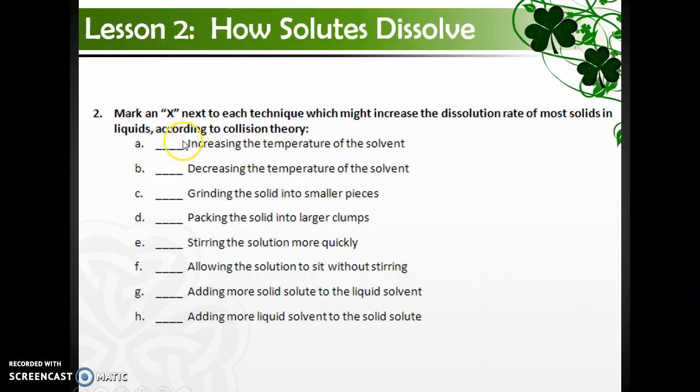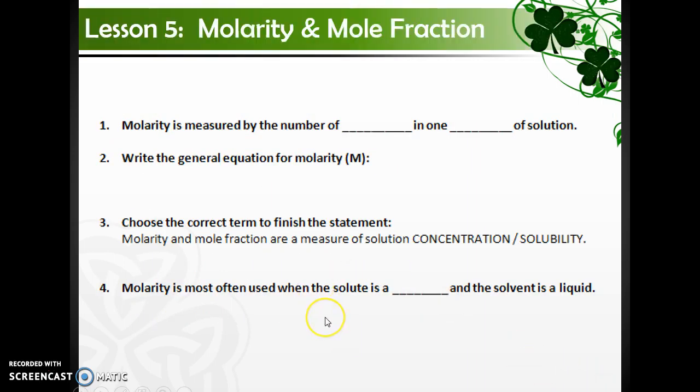Alright, so take a look at these statements right here and mark an X next to each technique which might increase the dissolution rate of most solids in liquids according to collision theory. Alright, so the ones that will increase the dissolution rate would be if you increase the temperature of the solvent, that increases the speed of the molecules.